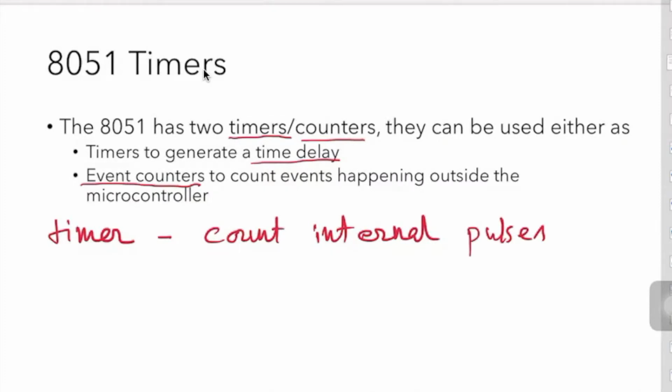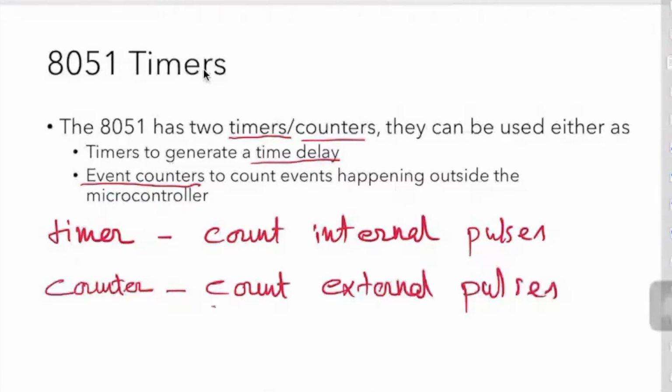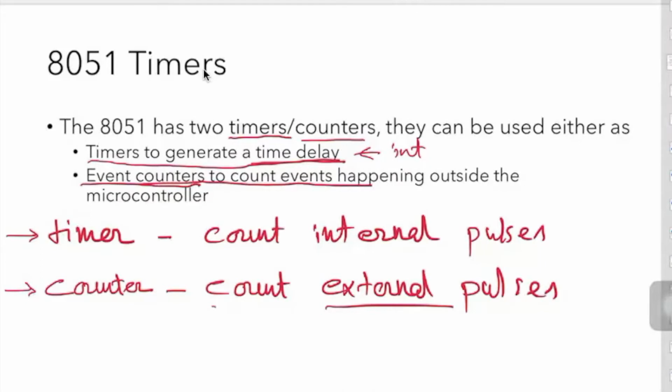But the same timer, if it is counting external pulses instead of internal pulses, the term timer refers to a situation where the counting of internal pulses happens, and the term counter refers to a situation where the counting is happening for external pulses. So this is the only difference. When I say timers to generate a time delay, it is counting internal pulses, and event counters to count events happening outside the microcontroller means it is counting external pulses.